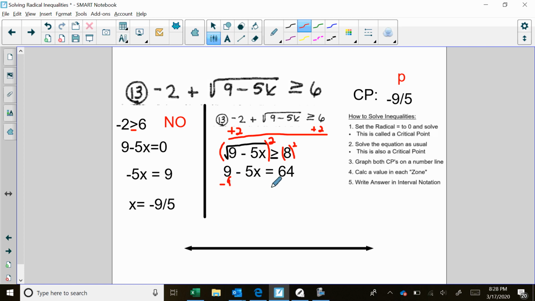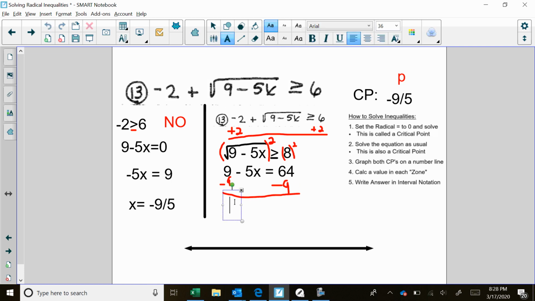Continue solving. Subtract the 9. This is going to work out a little nicer than the previous problem. Negative 5x equals 55. And hopefully you guys know x is going to be negative 11. So that's our second critical point.